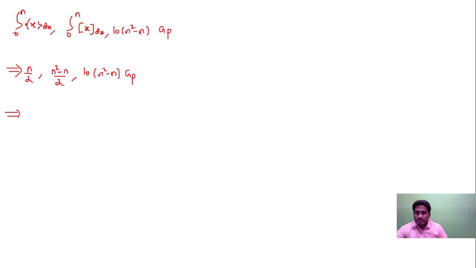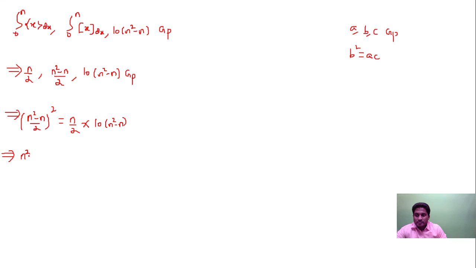So this means that the square of the middle term, n square minus n divided by 2, whenever three numbers a, b, c are in GP, you should write b square is equal to a into c. So n by 2 into 10 into n square minus n. If you square this, you get n square minus n the whole square divided by 4, equal to n into 5 times n square minus n.